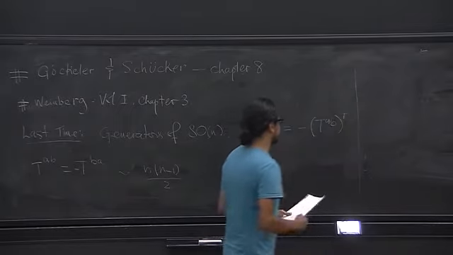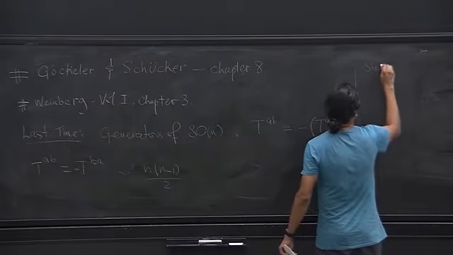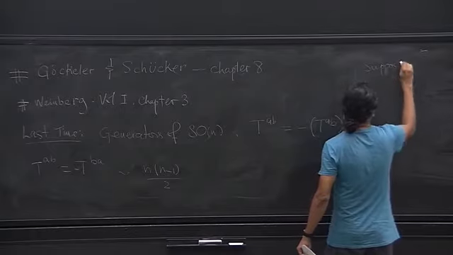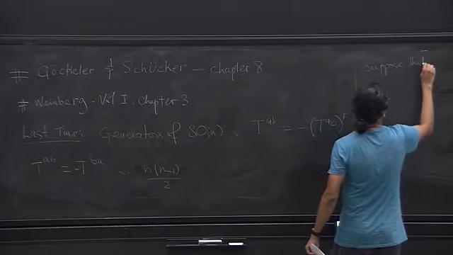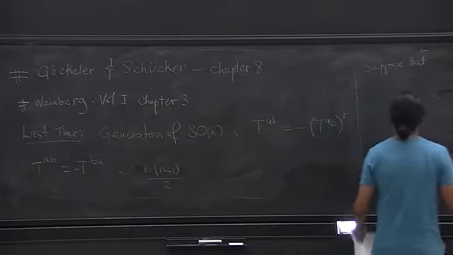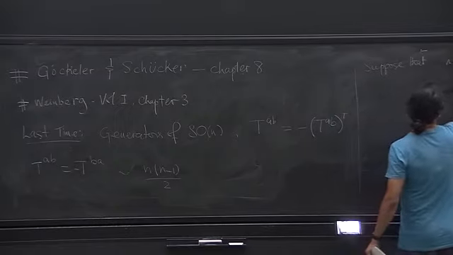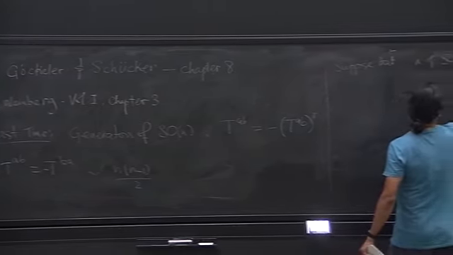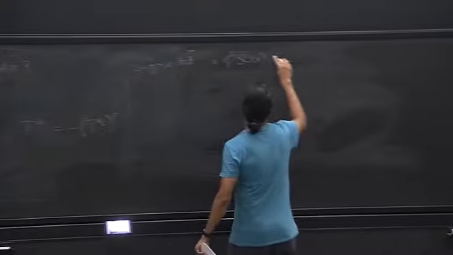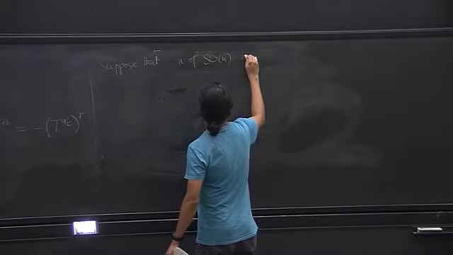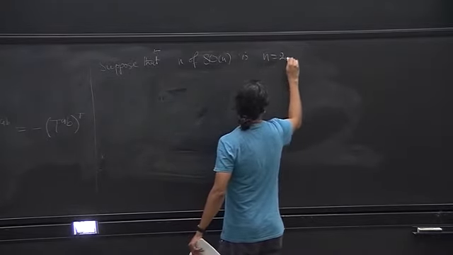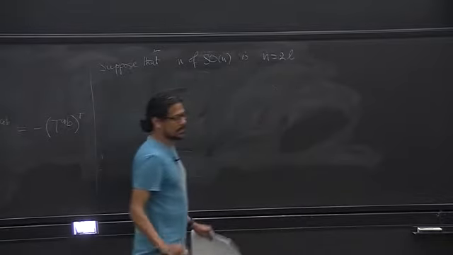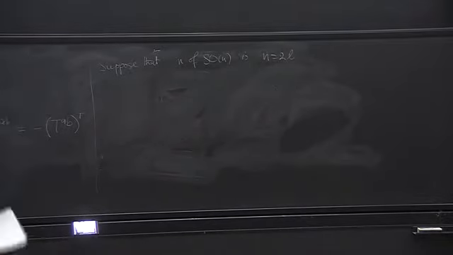Now suppose, okay, so there are two cases. Suppose that n of SON is an even integer, n equals 2L, where L is some integer.